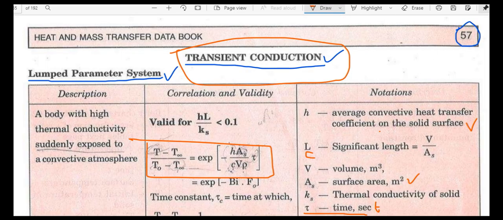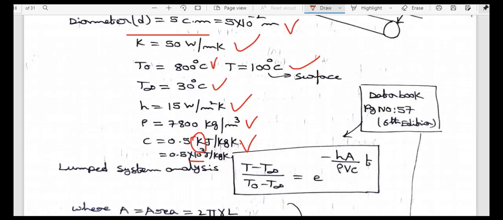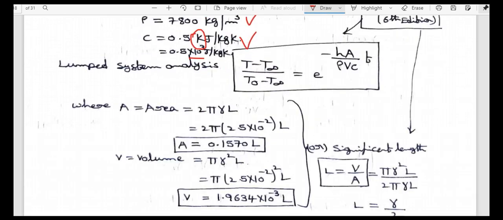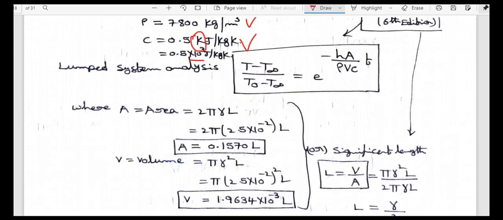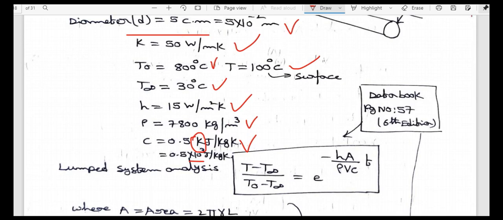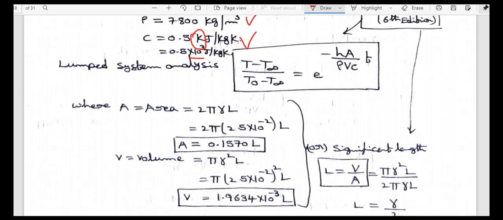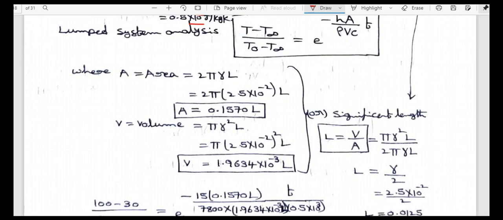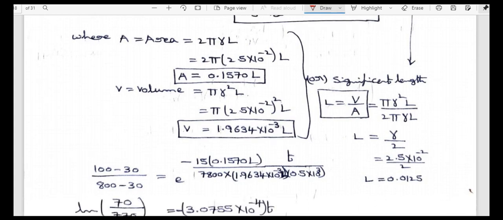Now I am considering data book page number 57. We can verify that hL by k value is less than 0.1. So what is the h value? 15 divided by the L value. The Lc value, R by 2, is equal to 0.0125.